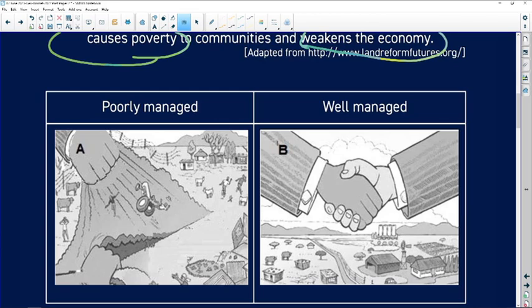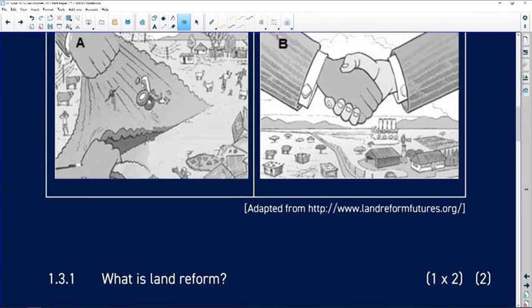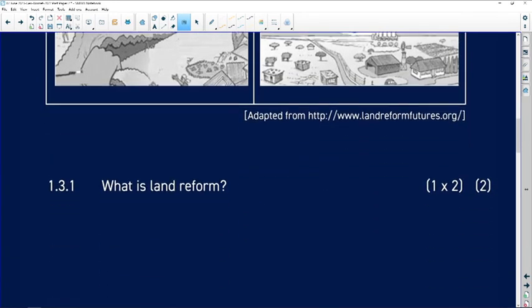In this case, we can add to the GDP. Commercial farming creates employment opportunities and can create exports as well, so we can earn foreign income, vitally important for the country. But most importantly, farming provides food security and employment opportunities. As we can see, well managed means a good relationship and everyone agreed on the process.